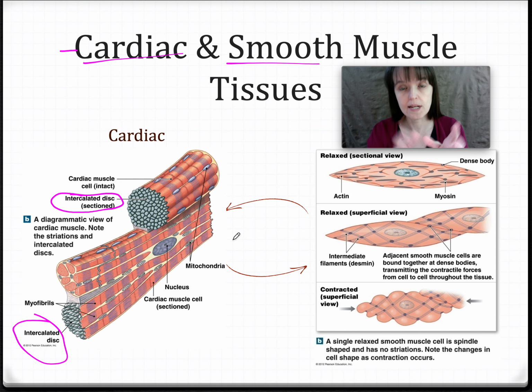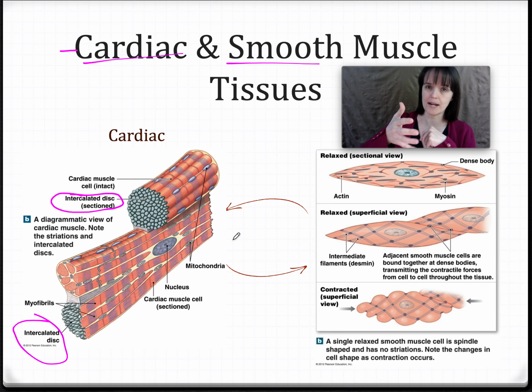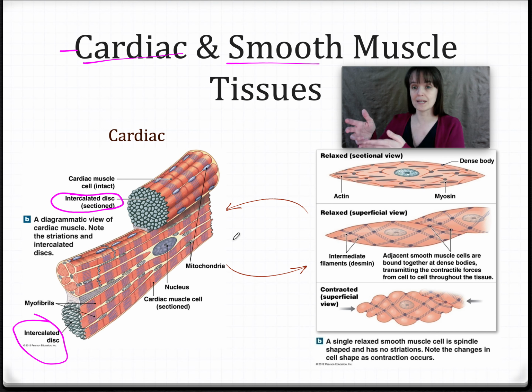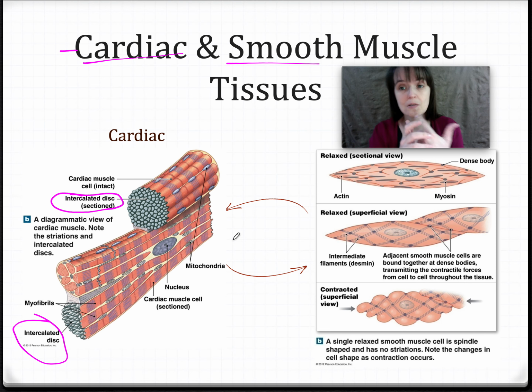So the heart, as you may know, is a pump, and it pumps blood. What you may not know is that it has to pump the blood up when you're upright. It has to pump the blood straight up to get it out of the heart. And so it's very important that the bottom half of the pump pumps from the bottom up, and how we coordinate that is with these intercalated discs that allow the action potential to travel from cell to cell so that you get a nice coordinated beat.